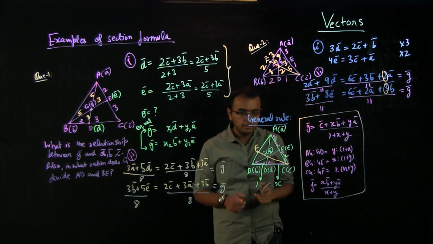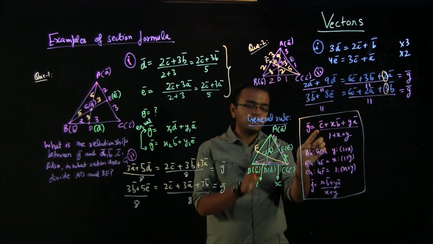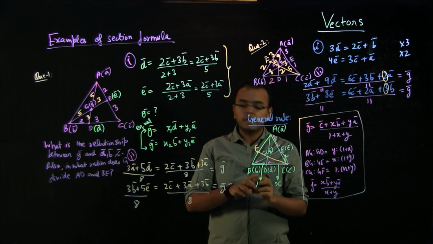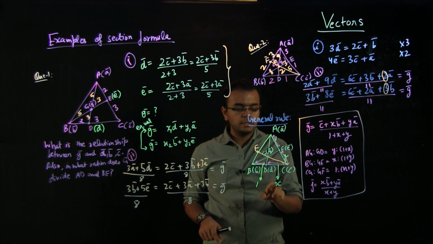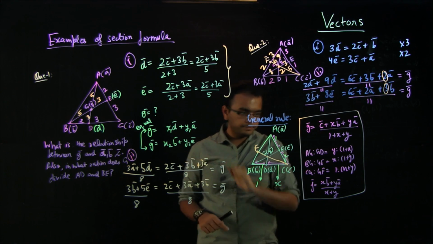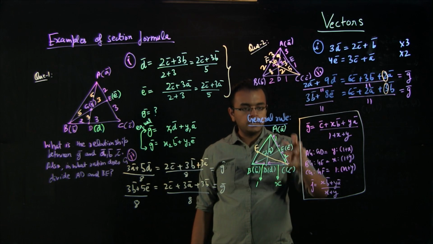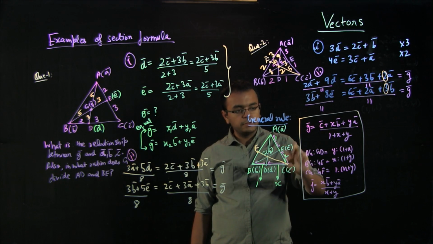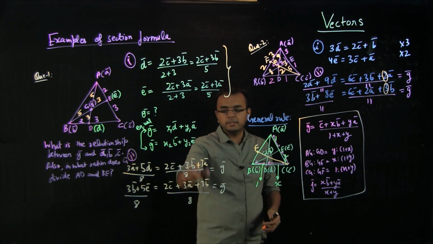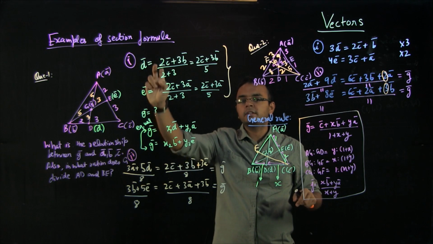So what I did here is that I said that I will force this c vector ratio to become 1 in both the cases, 1 is to c. So I can write d vector as x times b plus 1 times c by x plus 1, and then here 1 into c plus y into a, and then all I need to do is just add this third vector, because c vector had the same coefficient.